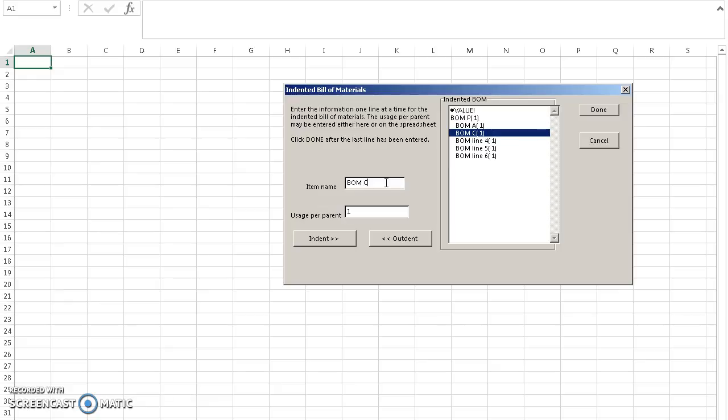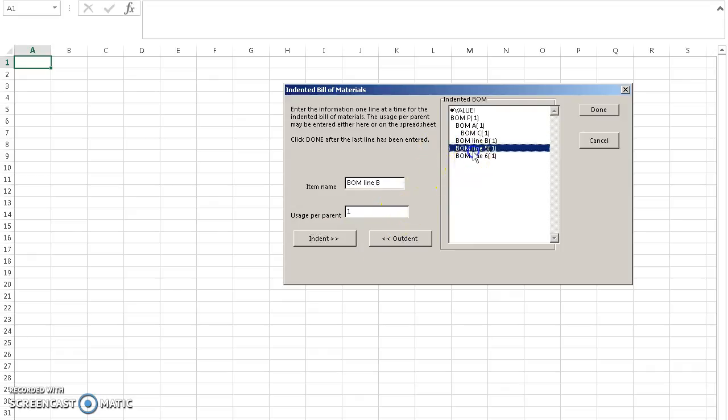Our next one is C, and that needs to be subordinated to A. Our next one is B, and it's not the same level, it's the same level as A.